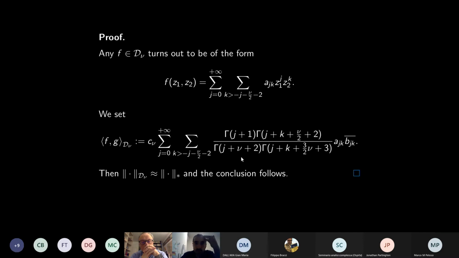And with respect to this norm, the reproducing kernel in the space is, of course, the one we were looking for. We needed, though, to define the spaces with respect to the norm star, because we needed a condition on a generic holomorphic function f to belong to our spaces. We need to find this condition on j and k. Once we know this condition, we can define this inner product and conclude.